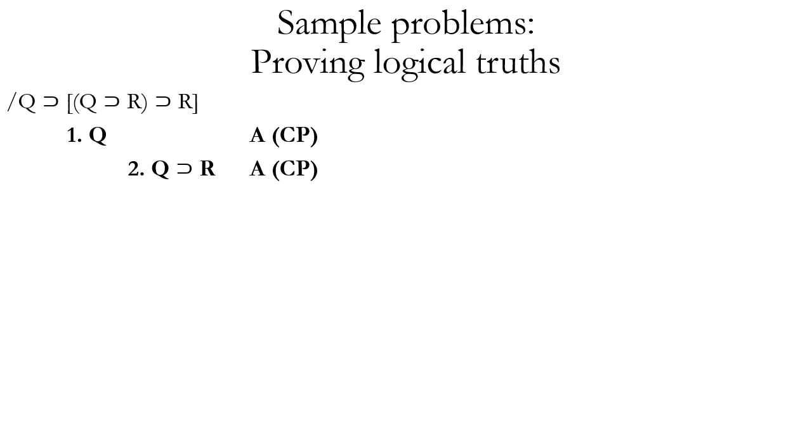However, the consequent we're trying to prove is itself a conditional. So why not use conditional proof again to this time assume the antecedent Q horseshoe R, which is the antecedent of the consequent we're trying to derive from our initial assumption Q.